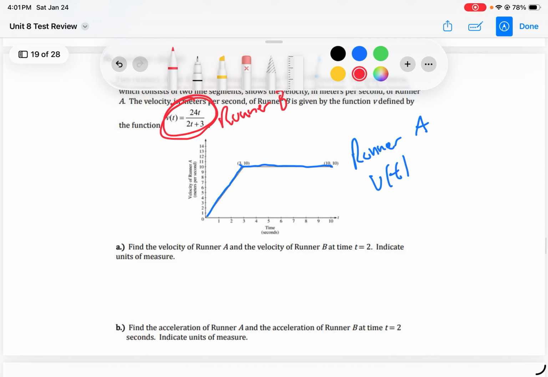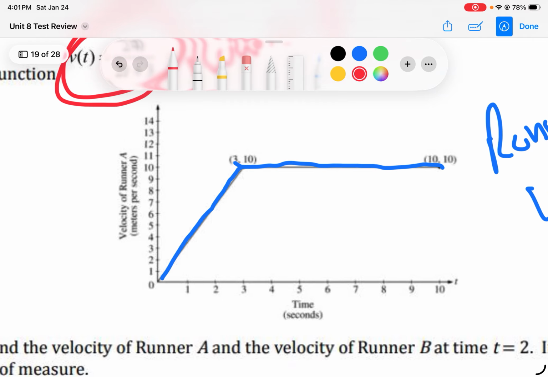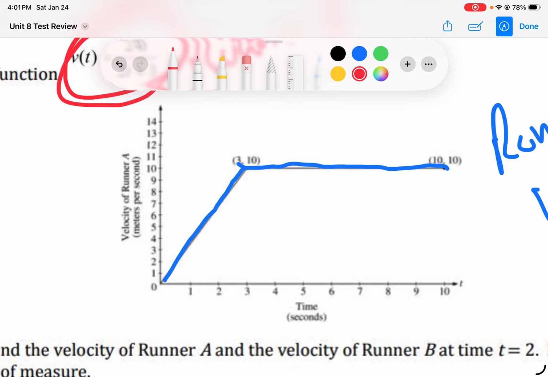Let's see what it asks. Find the velocity of runner A and the velocity of runner B at time 2. Indicate the units of measure. Find the velocity of runner A at time 2. Okay, where is that going?